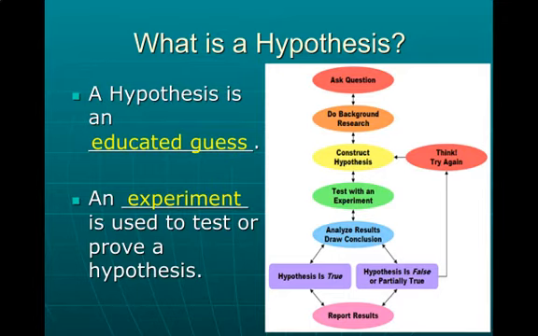Either you're going to find that your hypothesis was true, or you're going to have your hypothesis come up false or partially true. If it comes up false or partially true, then you're going to go back up and think again, construct a new hypothesis, and go through the process until you find a true hypothesis. And then you're going to report your results.